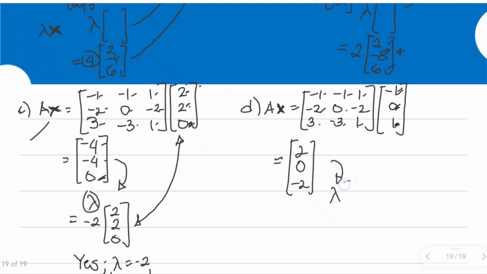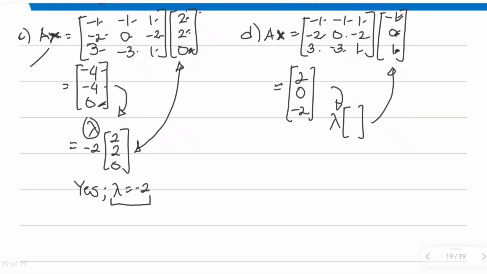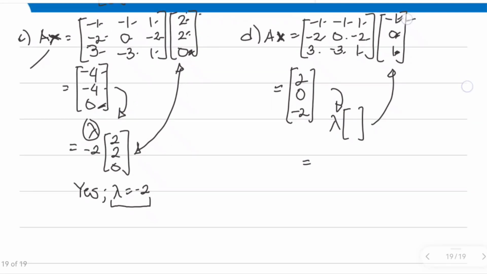So this should be lambda times a matrix that will return here. So what lambda do you think? Of course, your original vector has negative 1. This is positive 2. So what you can take here is negative 2. So that when you take out negative 2, this is negative 1 here, right? And then you have 0 and 0, because this is just 0. No matter what constant you take out, it's still 0. And negative 2, when you take out this, you have positive 1.